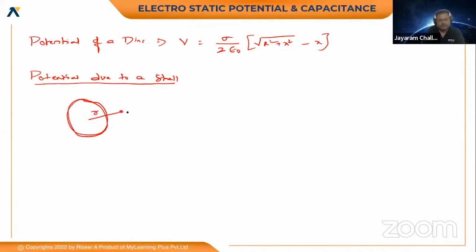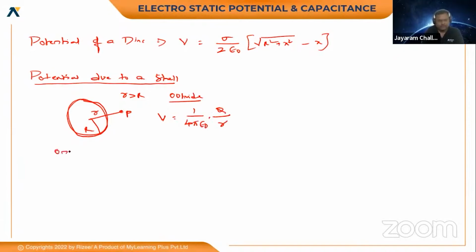If the point P is here and the distance of the point is small r, which is greater than the radius of the shell, capital R, then this is outside the shell. Potential can be written as 1 by 4 pi epsilon naught times the total charge Q by small r.